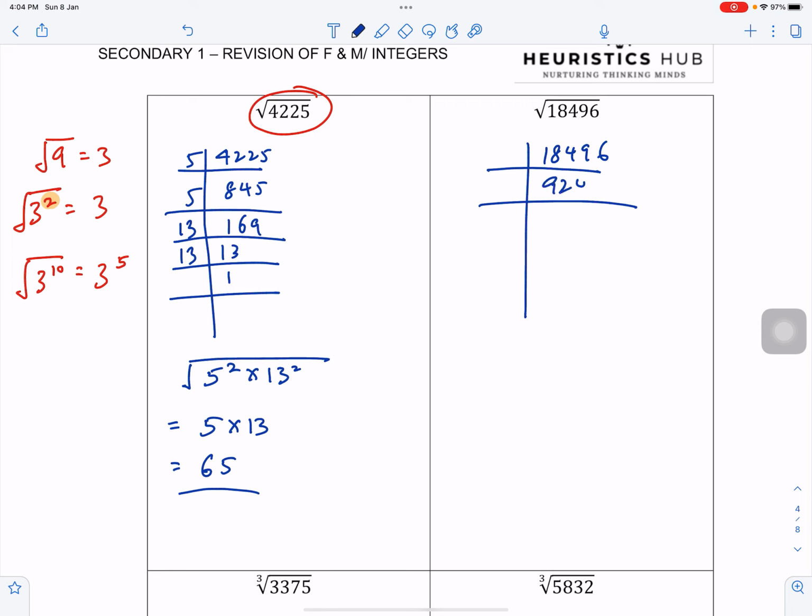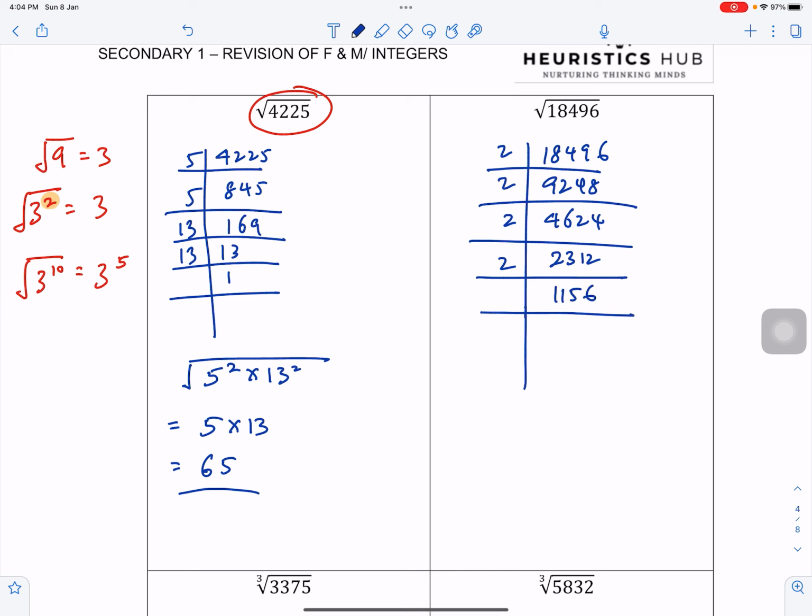Divide by 2, divide by 2, divide by 2 again, divide by 2, divide by 2, divide by 2, divide by 17, and divide by 17.